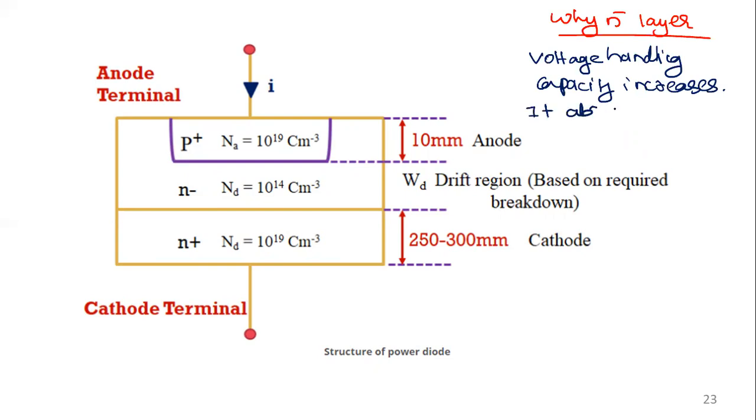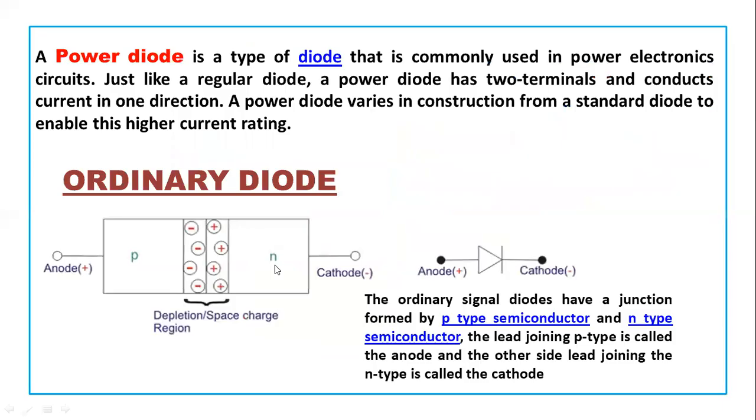That is the advantage of using the N minus and N plus layers, and not just a PN layer. I hope the structure and why the N minus layer is used are clear for you.